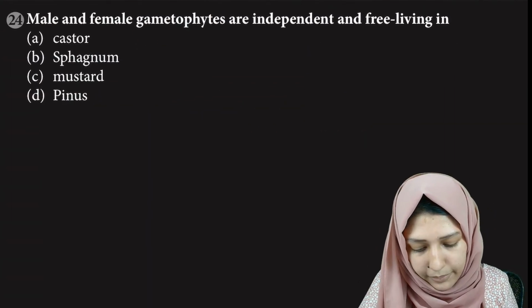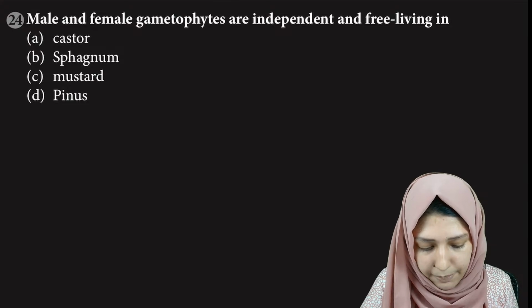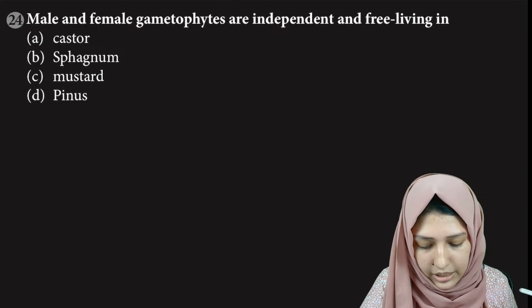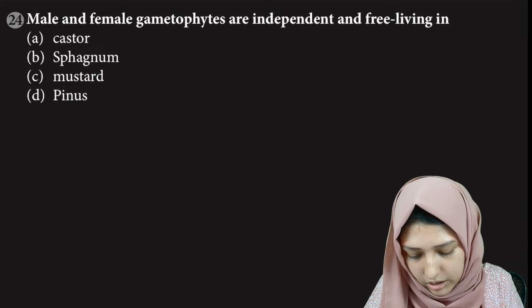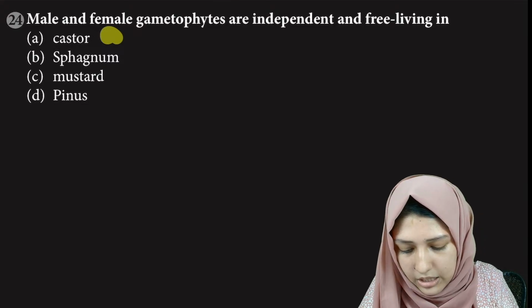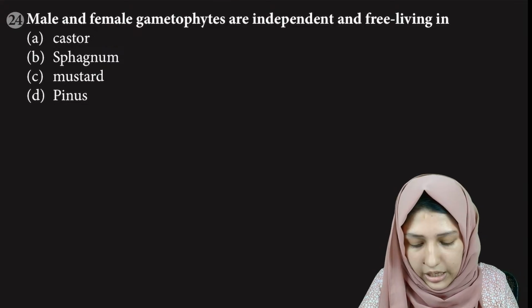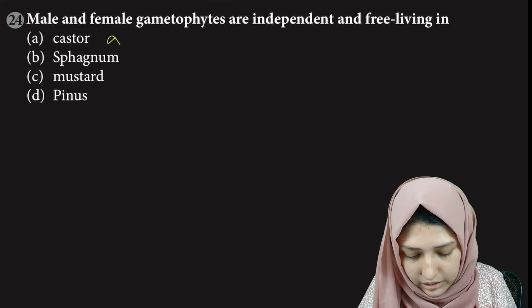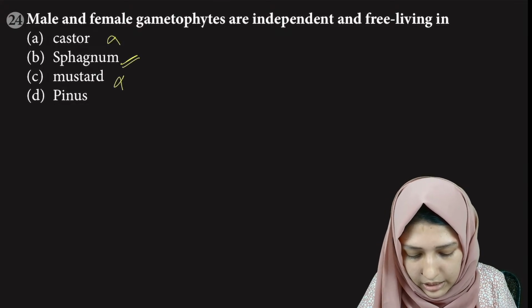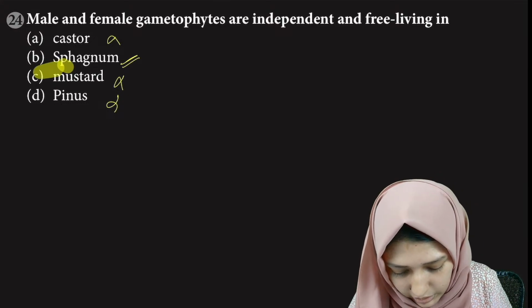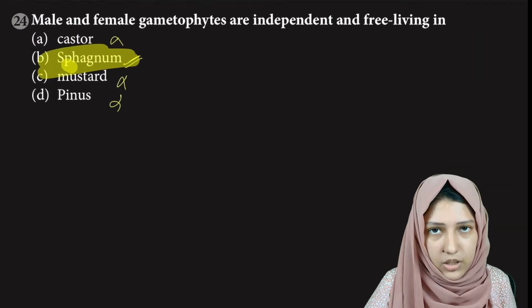Now, male and female gametophytes are independent and free living in. Castor is not; male and female gametophytes are independent in bryophytes. Castor is not a bryophyte. Sphagnum is a bryophyte. Mustard and Pinus are not bryophytes. So the answer comes to be Sphagnum.